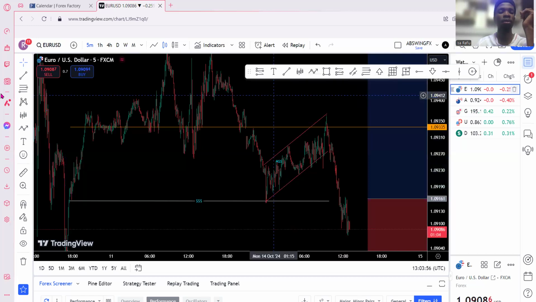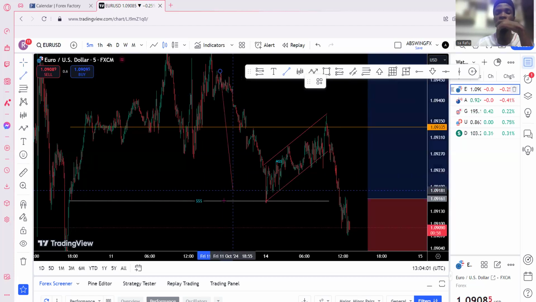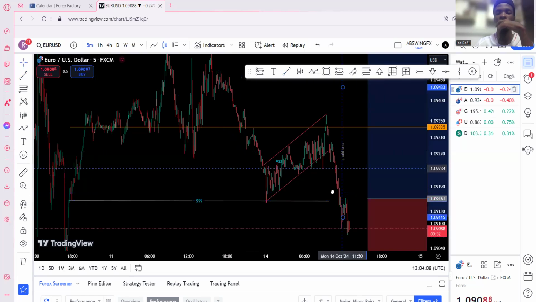Sometimes you use this. You measure the move here, and you place it at your entry.